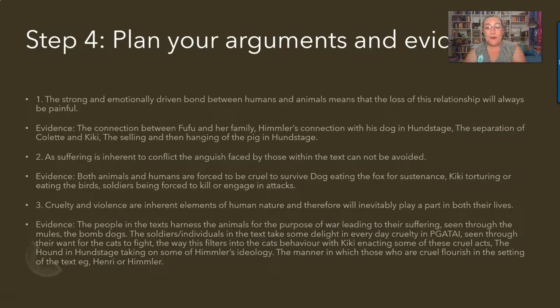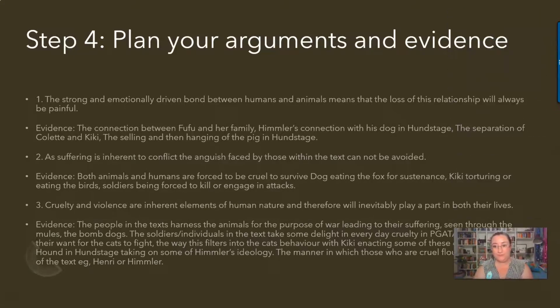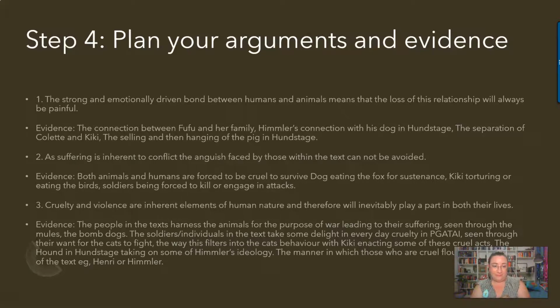Okay, so what I have done is I've taken the 3 ideas that I have, and I'm going to put each of them in their own paragraph. The first paragraph is going to be about the emotional bond between humans and animals, and how the loss of this relationship is painful and therefore suffering is inevitable. Then I've come up with some evidence.